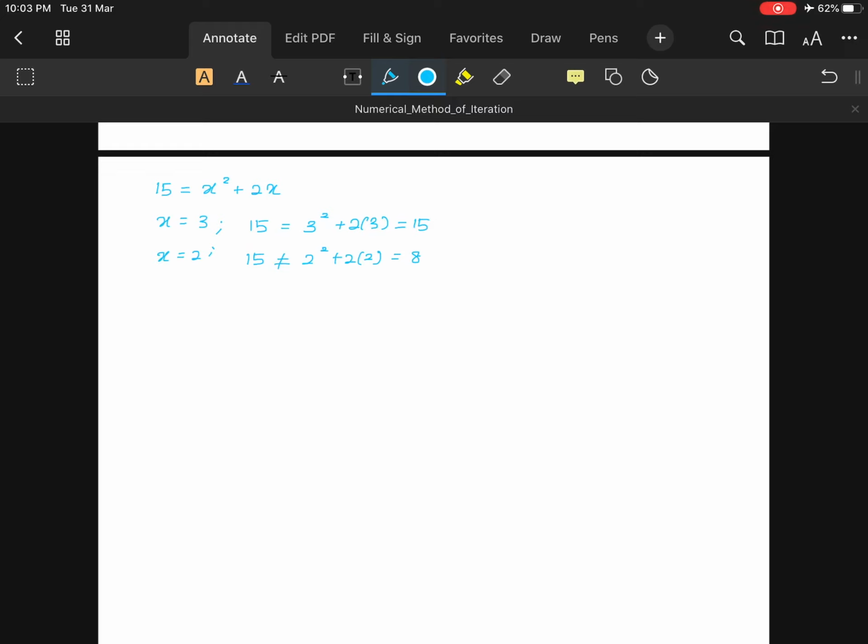However, normally and traditionally in school, you might understand the root to be the value of x such that it makes the equation x square plus 2x minus 15 equal to 0.